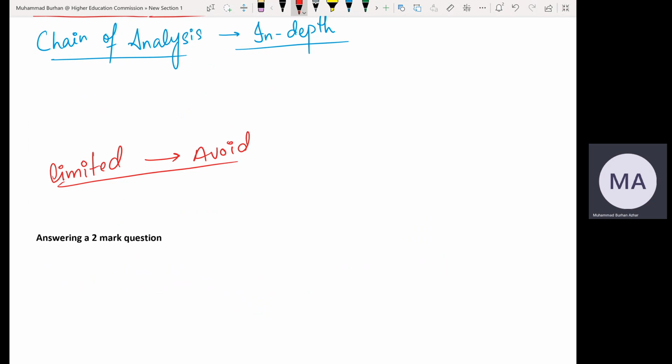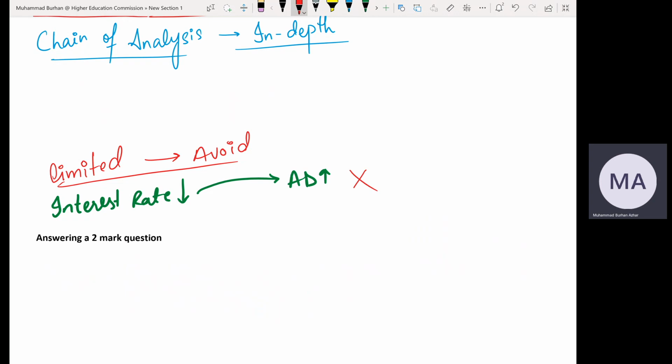Let's take an example. We know that if we have interest rates and the government reduces the interest rates, okay? And in a question, if I say कि interest rate कम होने से eventually aggregate demand बढ़ जाएगी, okay?